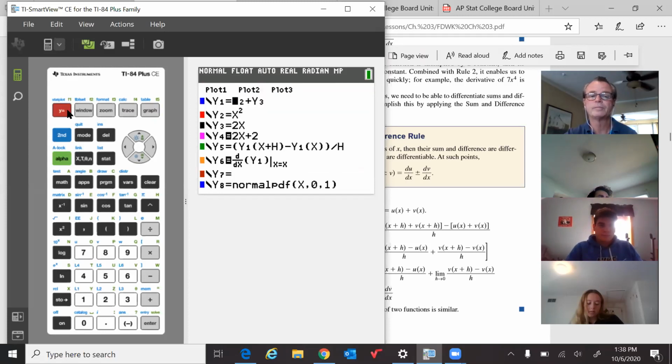But if I change this to a product, then what would I get? Well, x squared times 2x would be 2x to the third. 2x to the third, the derivative would be 6x squared.